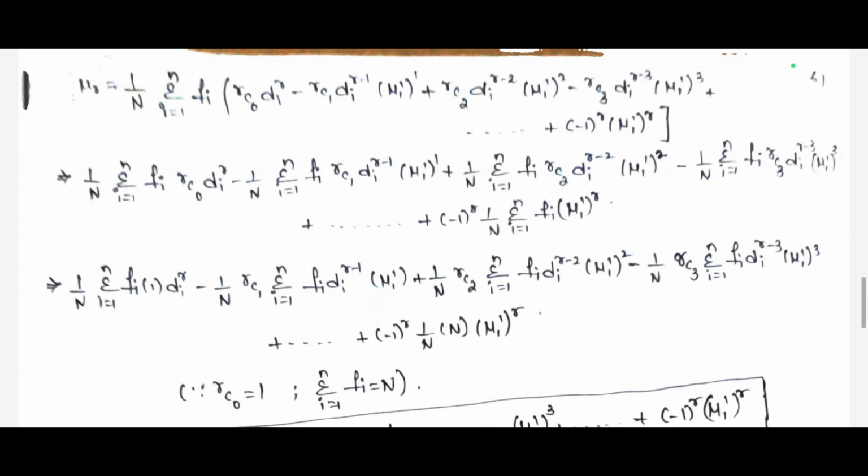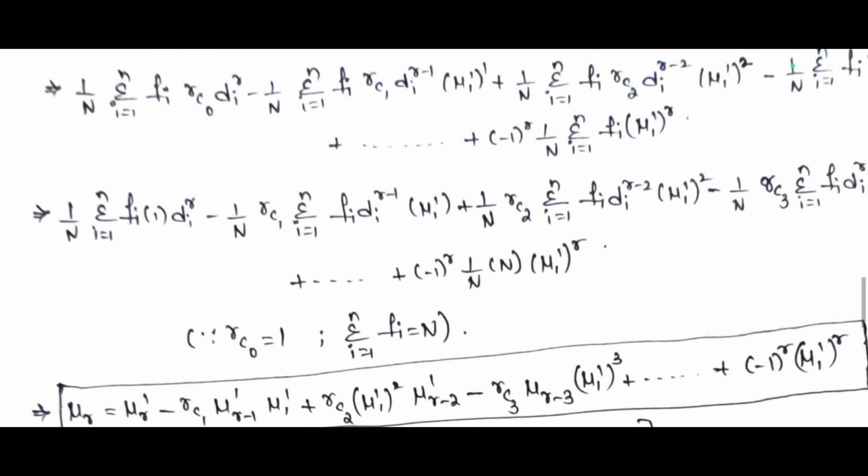If you apply the summation here, then you will get some formulas directly: rc0, rc1, rc2 and so on. Here, 1 divided by capital N summation i runs from 1 to n fi, where rc0 is 1 and rc1 is r.